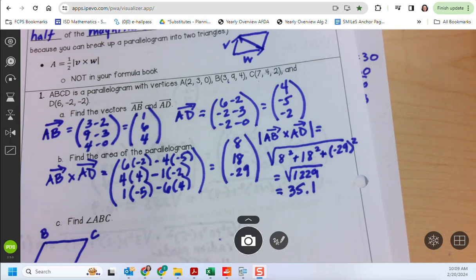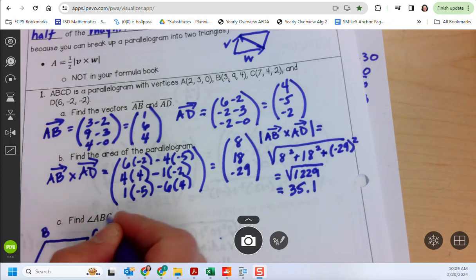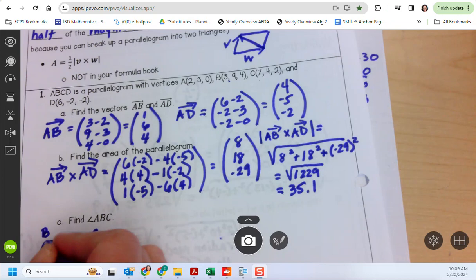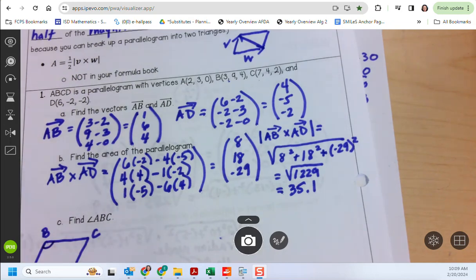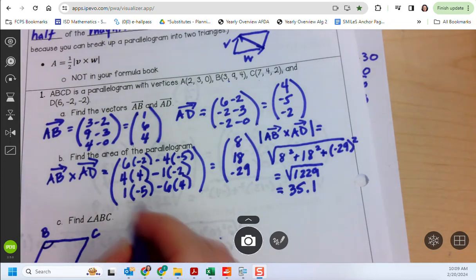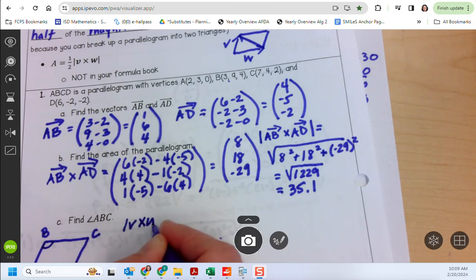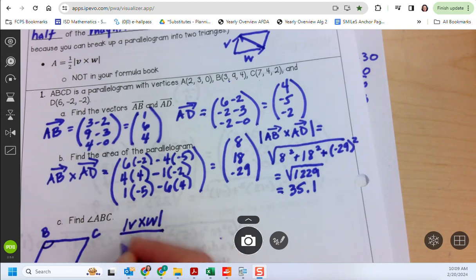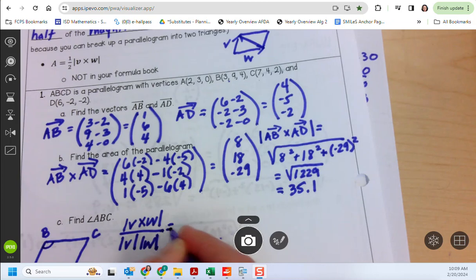To find angle ABC, remember ABC, the vertex of that angle would be B. We're going to use this formula, magnitude of the vector product of v times w over magnitude v times magnitude w equals sine theta.